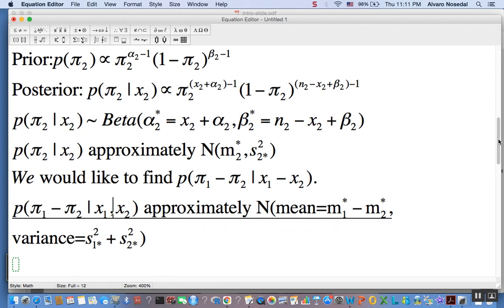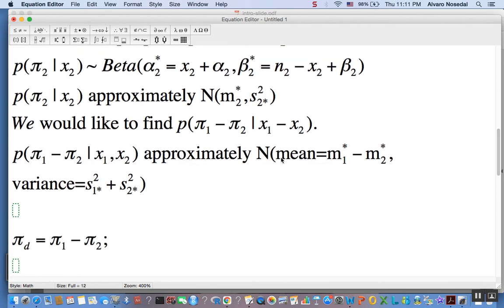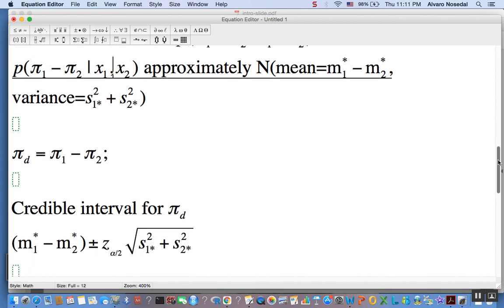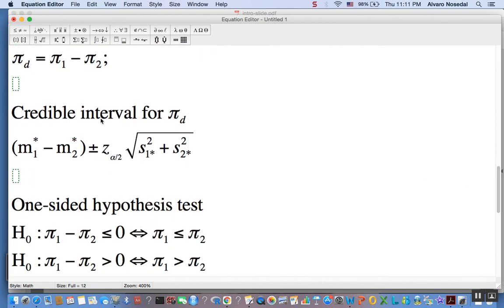So the posterior distribution is roughly normal with the following parameters: the difference of the means of these two posteriors, and the variance is the sum of the variances. Since now we have a normal approximation, it's easy to find an approximate credible interval: the mean plus or minus a critical value from a normal, which depends on the probability that you want, times the standard deviation.